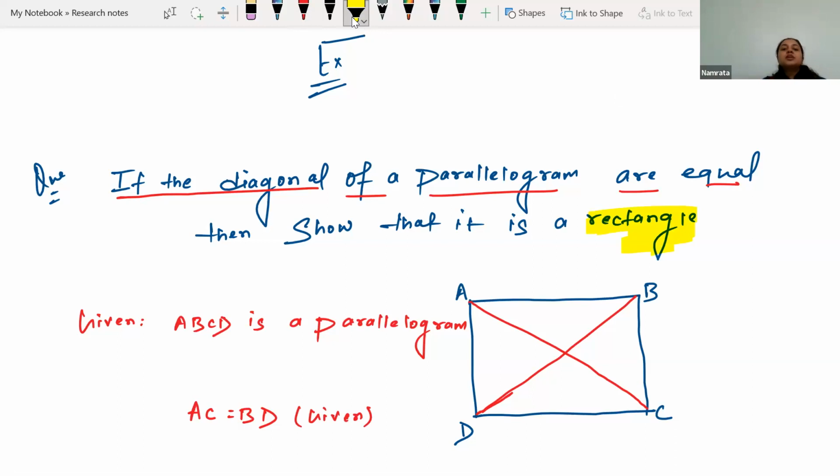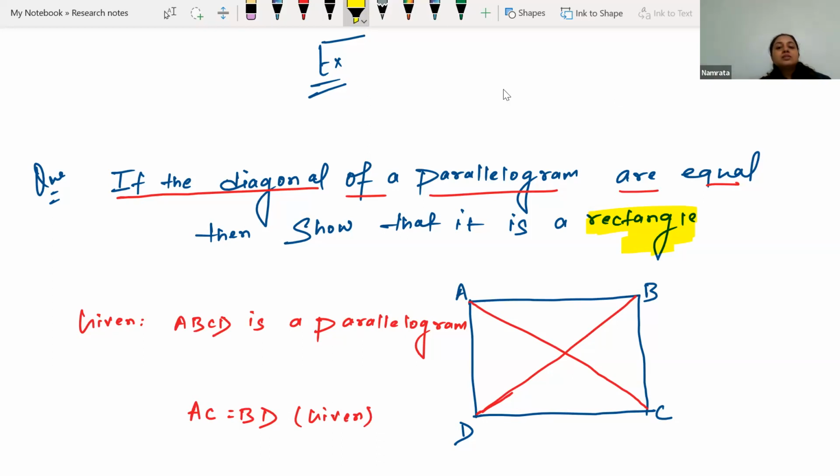Now what is the property of the rectangle? Rectangle is also a parallelogram. So just like a parallelogram, a rectangle also has opposite sides equal and opposite sides parallel. So every property of a parallelogram will be followed by a rectangle. But apart from that, a rectangle also has its own qualities. A few extra qualities are there in the rectangle. What is that quality?